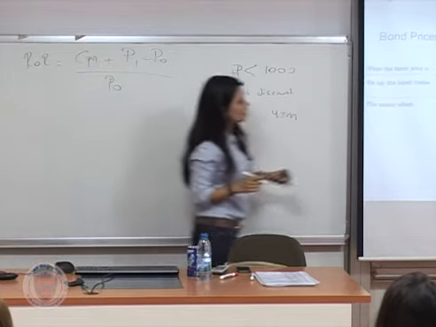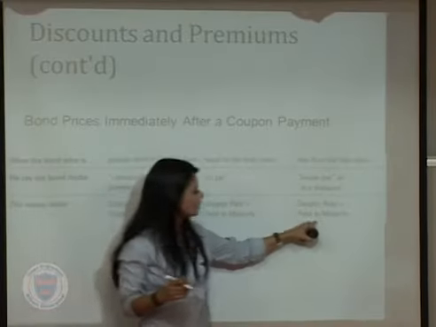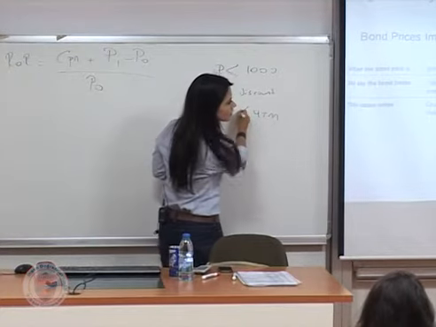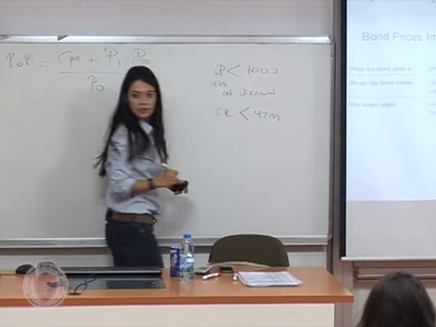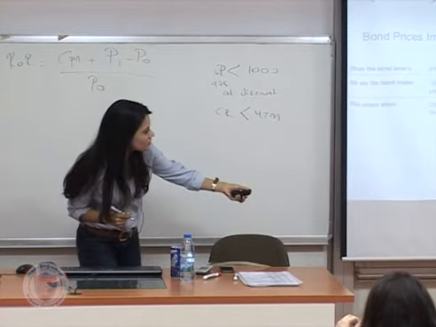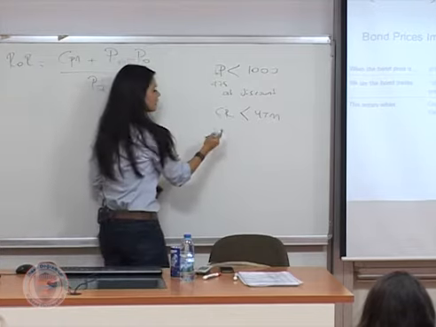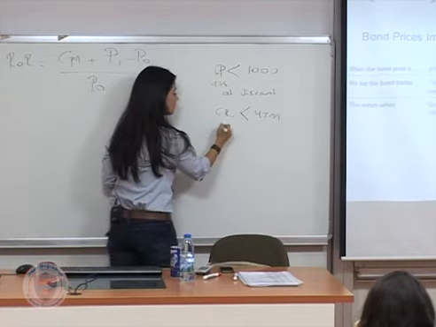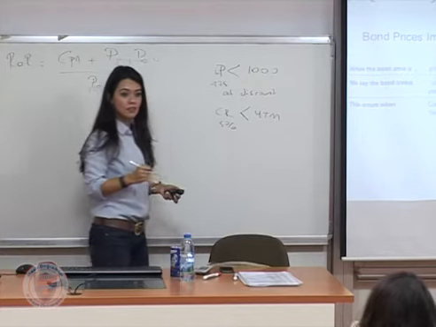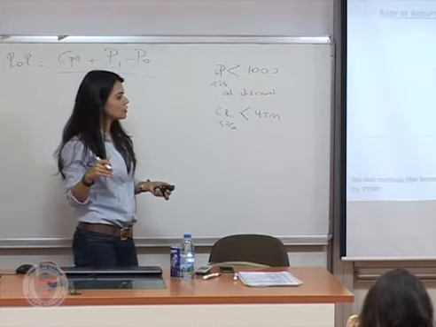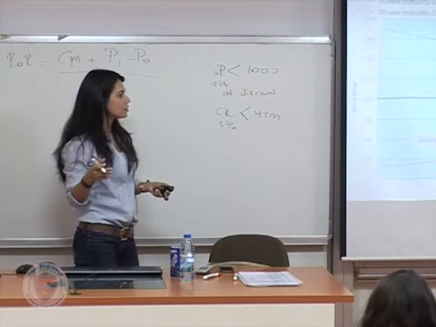If it is sold at a discount, coupon rate should be lower than yield to maturity, right? Yes, it is at a discount. So coupon rate is less than yield to maturity. The coupon rate is 5% in our example, so when you bought the bond, yield to maturity was higher than 5%.